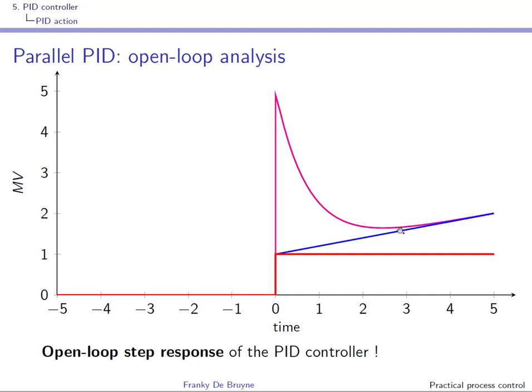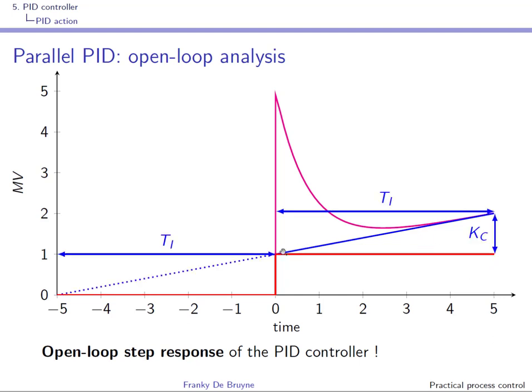Of course, now we can have a look at the influence of the parameters. The controller gain is going to affect this proportional part, but also the rest, right? So if you multiply the gain of the controller, this is going to be stretched, right? And let us have a look at the integral part, right?